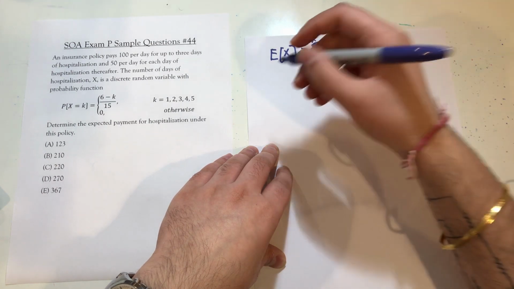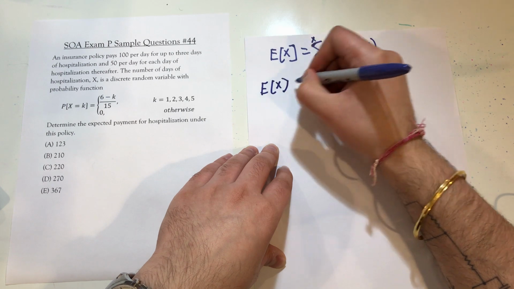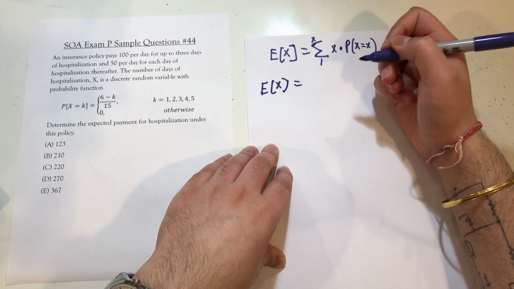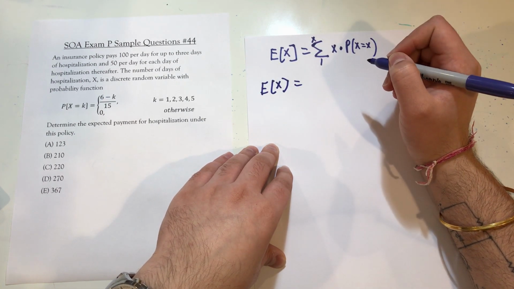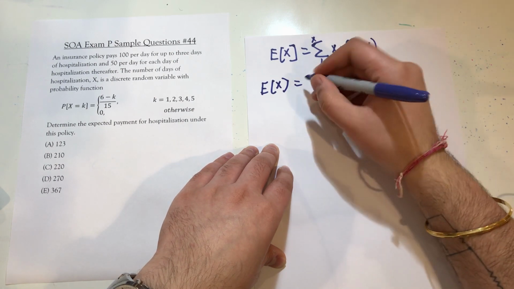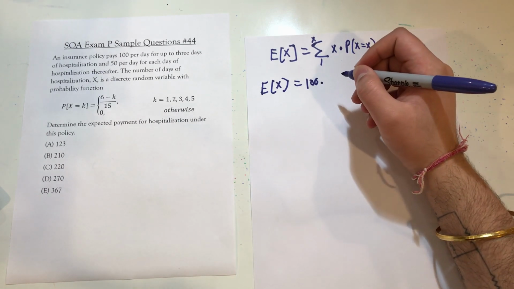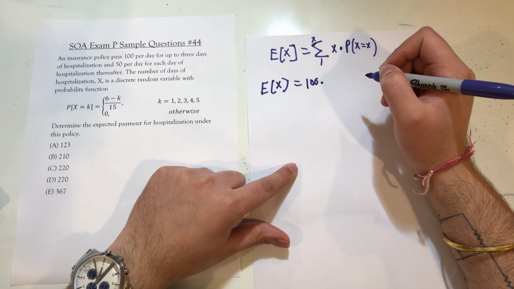Now, the expected value here would then be as follows. What is the amount you would have to pay for 1 day of hospitalization? 100 times what is the probability you're hospitalized for exactly 1 day?